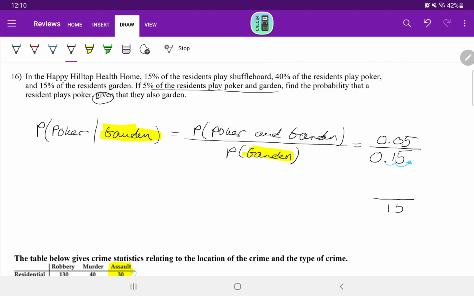So that's going to be 15. Whatever you do to the bottom, you must also do to the top. So move the decimal over 2 units to the right. That is now going to be 5. I can reduce my fraction, 5 over 15, by dividing the numerator and denominator by 5. And that gives us 1/3.